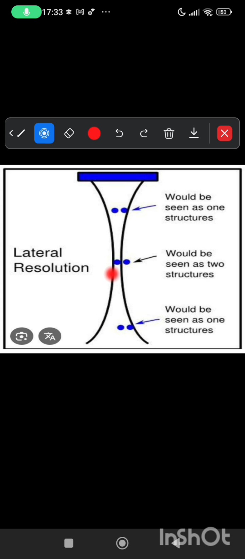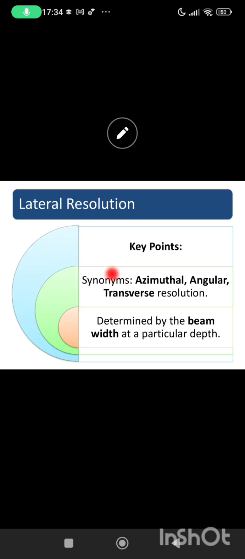So lateral resolution depends on the beam width, best in the focal zone where the beam is narrowest and worse in the near and far zones. And how to improve the lateral resolution? We use focusing, because focusing makes the beam width narrow. And what are the synonyms?